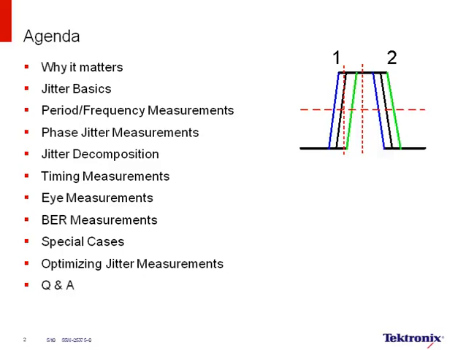Next, we'll talk about special cases of jitter measurements, for example, how to perform something called spread spectrum clocking analysis. After spending time on the different categories of jitter measurements, what I like to do is talk about how you can make the best jitter measurements, or optimizing jitter measurements.